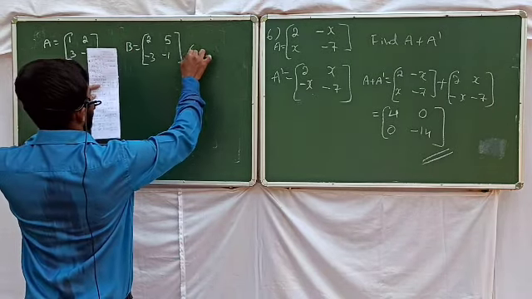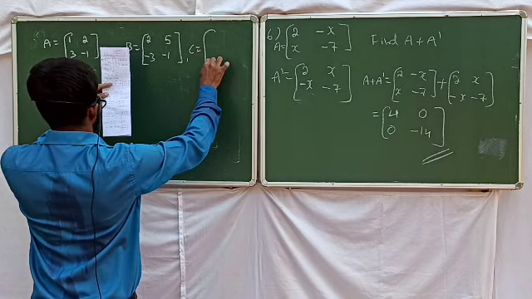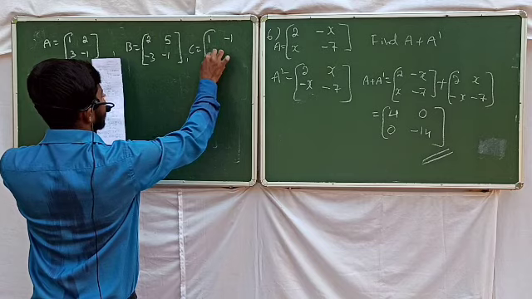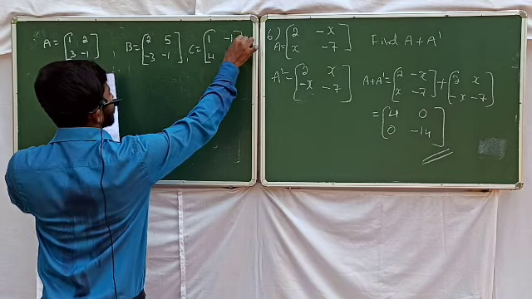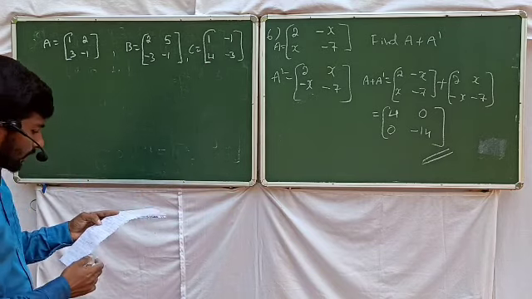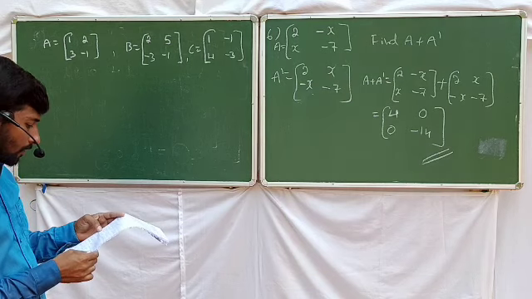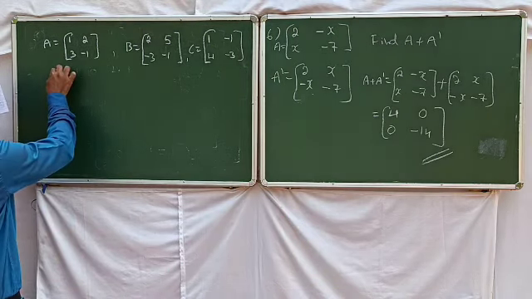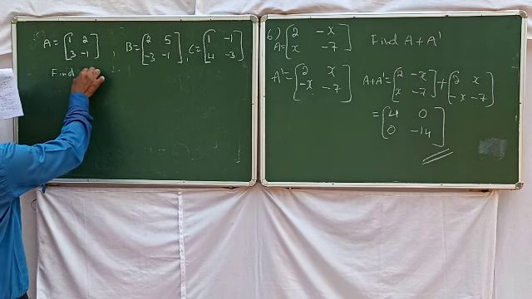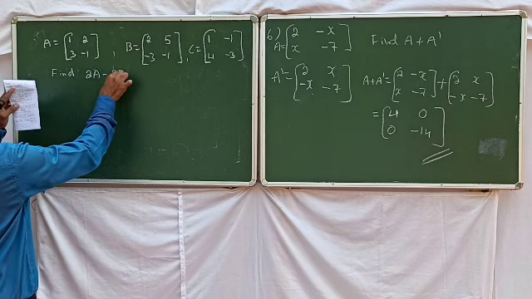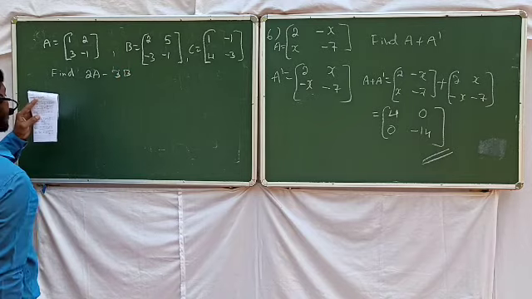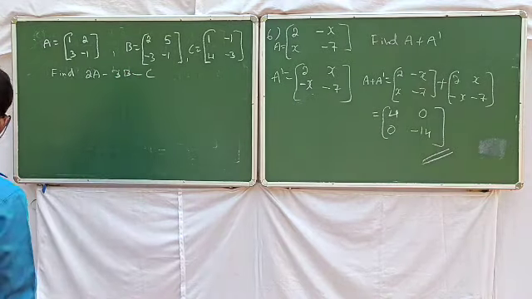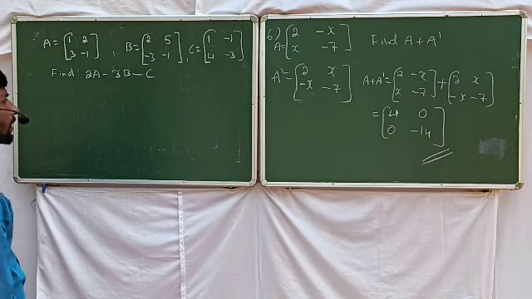Matrix C is equal to 1 minus 1 4 minus 3. Three matrices are given. The question is to find 2A minus 3B minus C value.